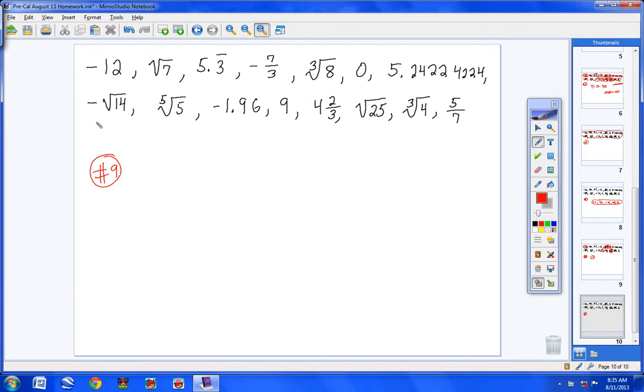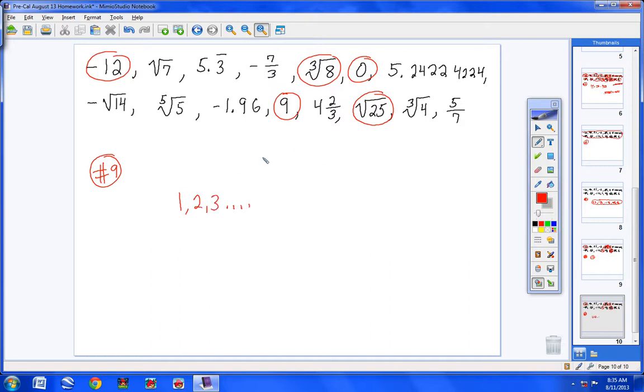All right, number 9 says which are integers but not natural. So let's once again quickly circle our integers here. And now the question says they are not natural numbers. Well, natural numbers start at 1 and go to the right.